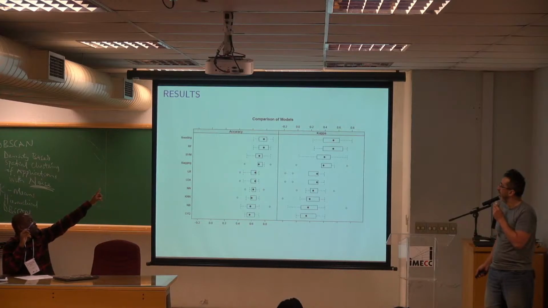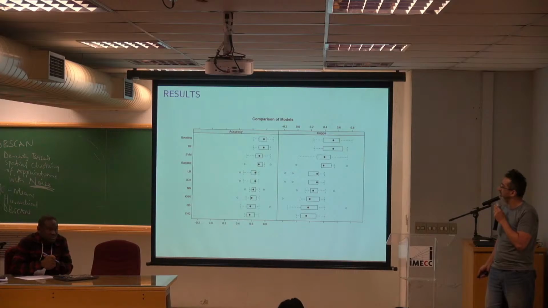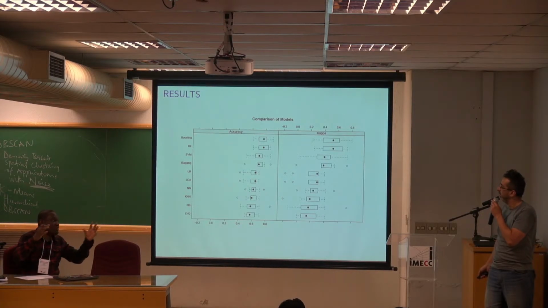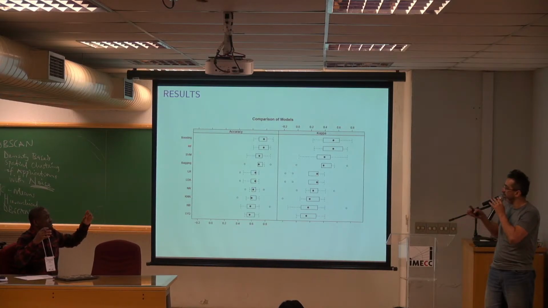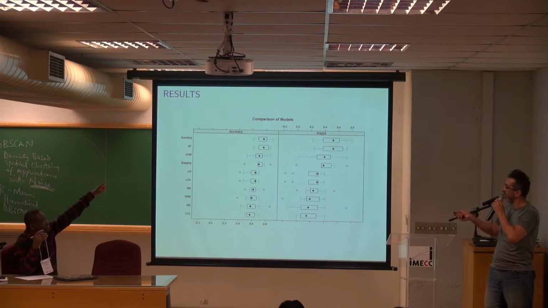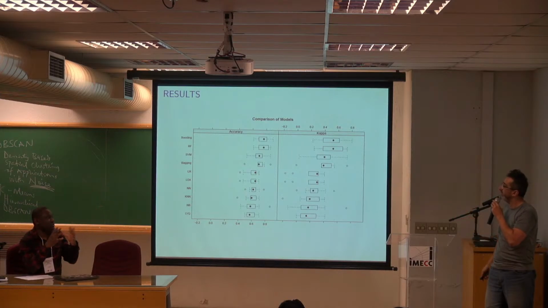This one now, boosting. You can see those models are performing well because they are ensemble models. That's what I mentioned in class. Boosting and random forest are ensemble models, a combination of predictions from individual models to make it better.